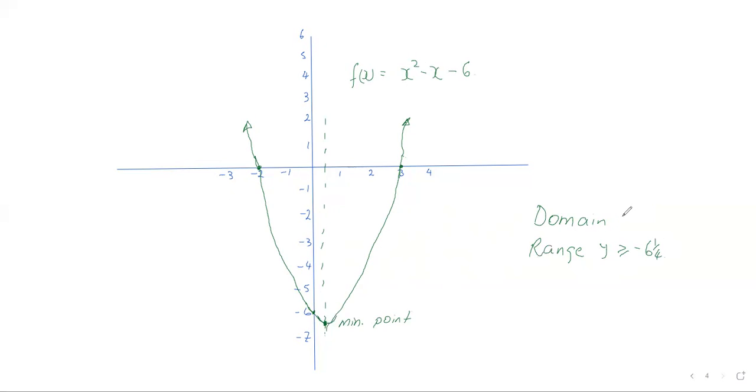But the domain is x is an element of real numbers. Any number can go there, a quarter, a half, an eighth, 2.5, can go this way, can go that way. Therefore, the domain is real numbers. The domain is the x value, and the range is the y. So the y starts from -6.25 to infinity. That's enough.